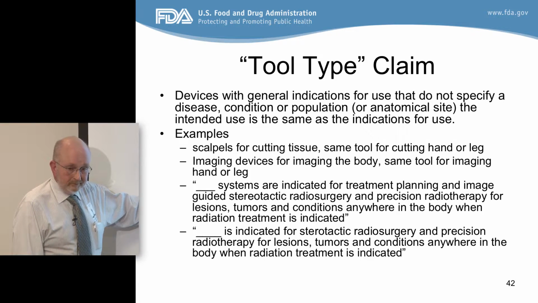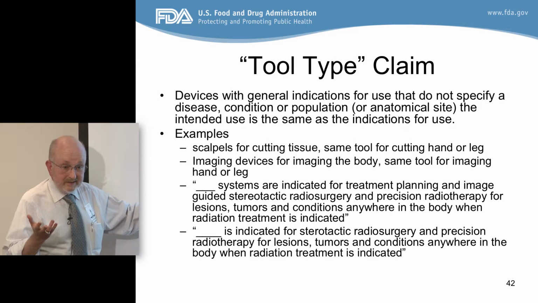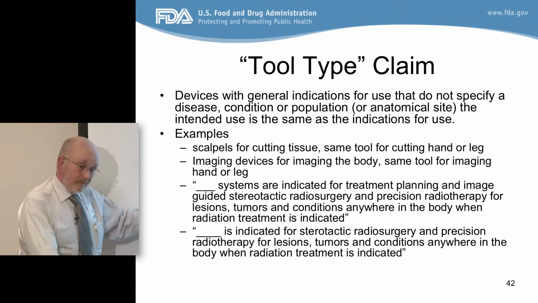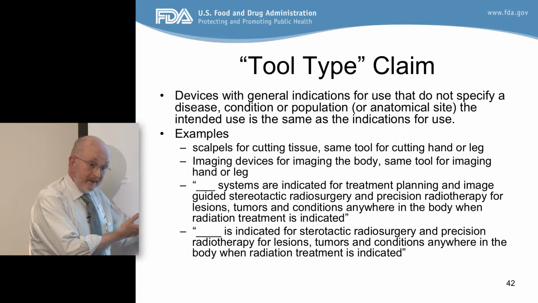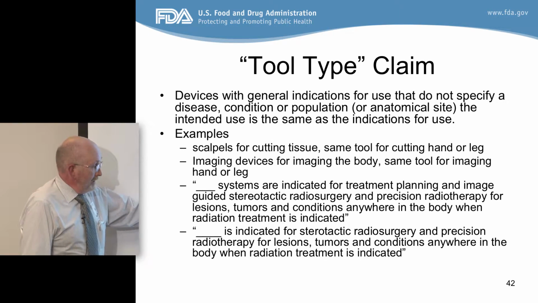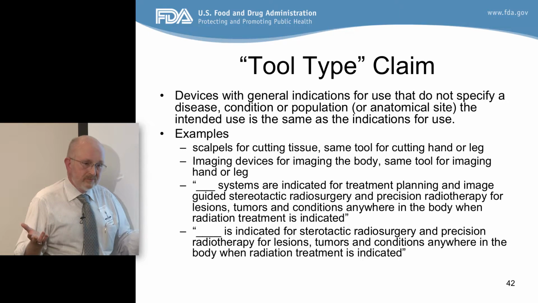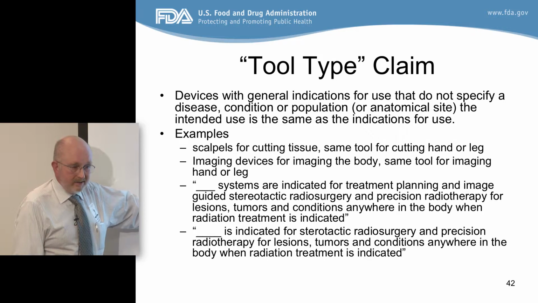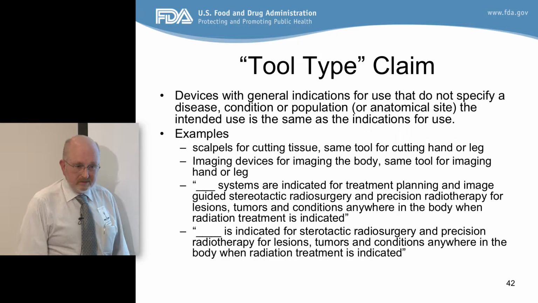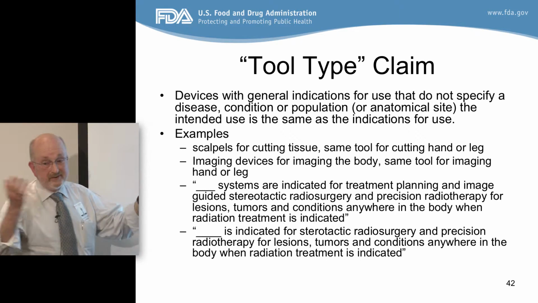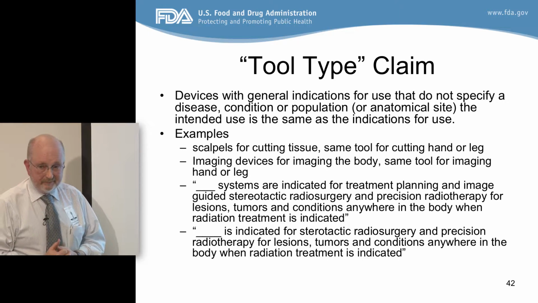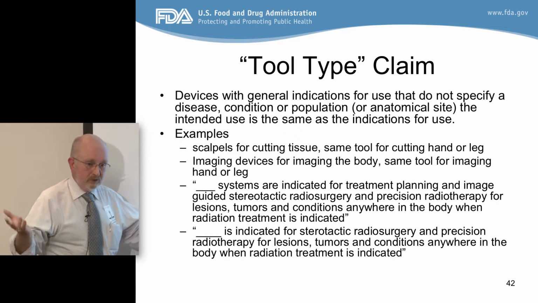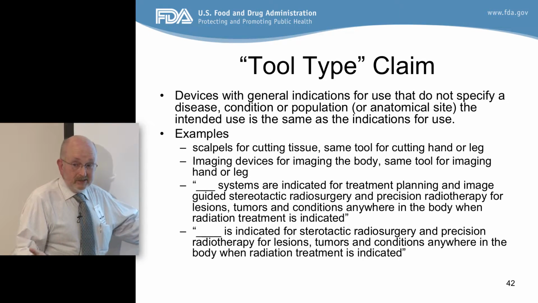So a manufacturer uses this, and the previous manufacturer of the predicate uses this, and there's really nothing wrong. We're not spelling out a specific use. We're saying you can use it for cancer any place in the human body. So that's a legitimate use.